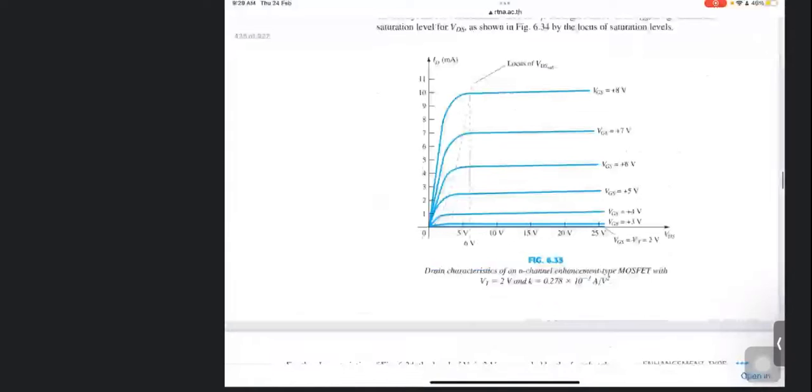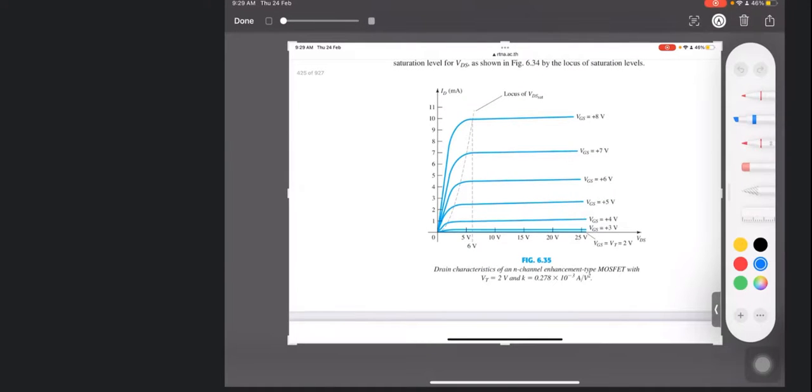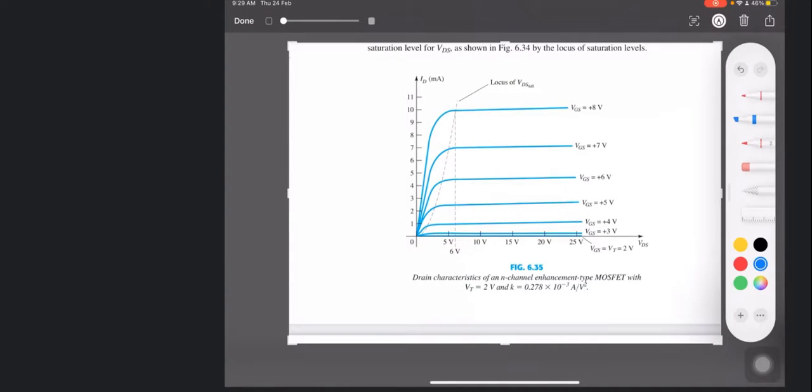And if we see its characteristics, तो ये characteristics हैं. That in the beginning, the current starts. जैसे इसको इंक्रीज कर रहे हैं तो VGS इंक्रीज करेंगे तो चैनल में इलेक्ट्रॉन्स बढ़ेंगे.